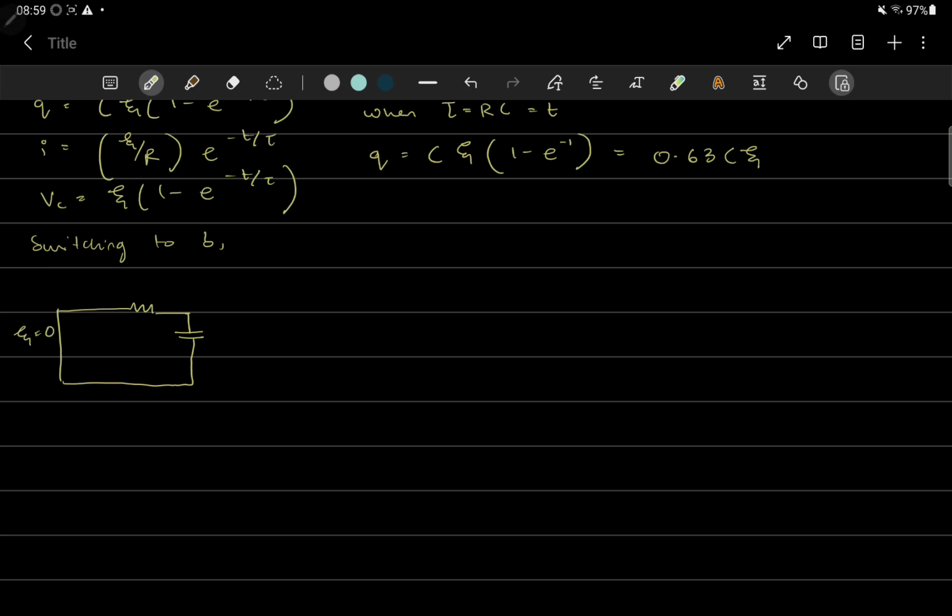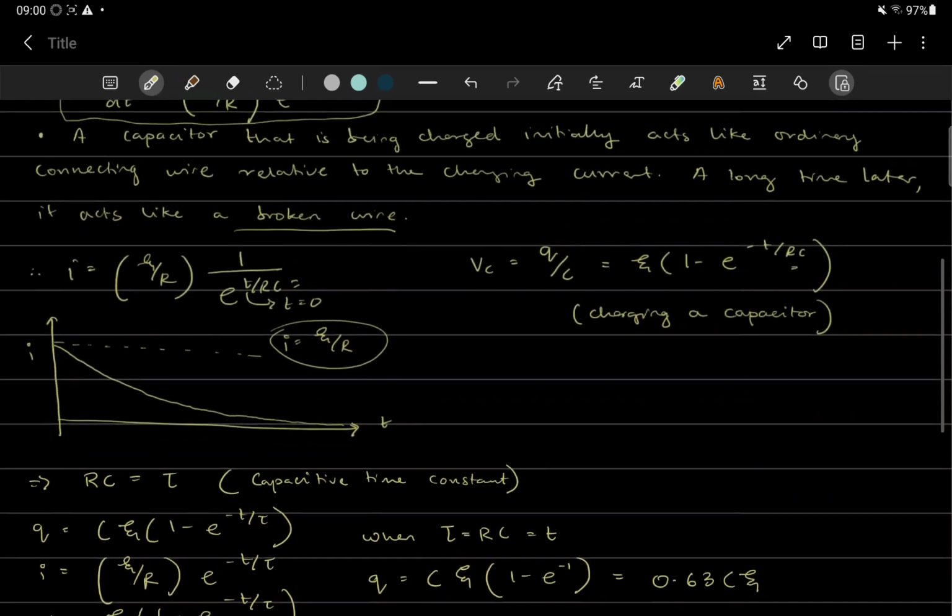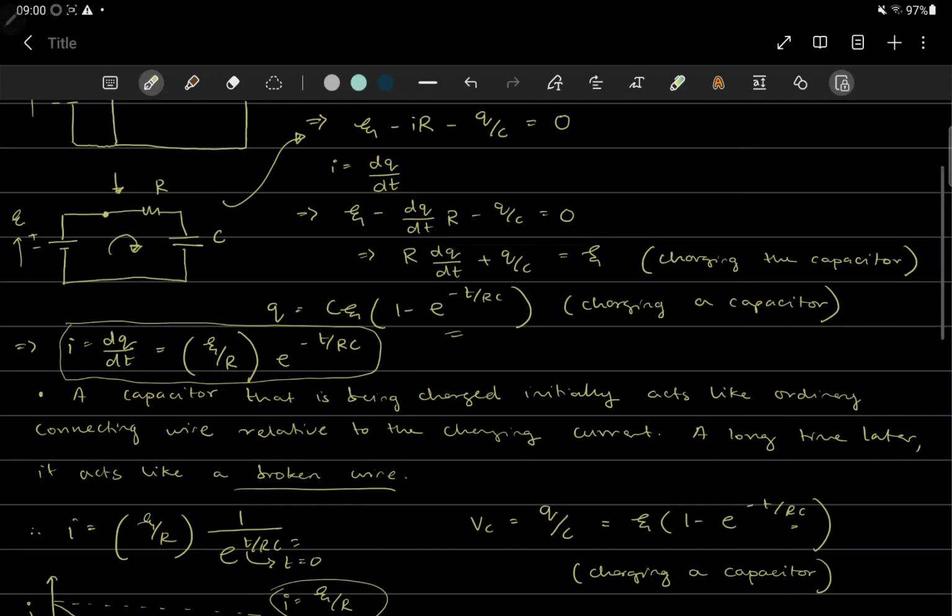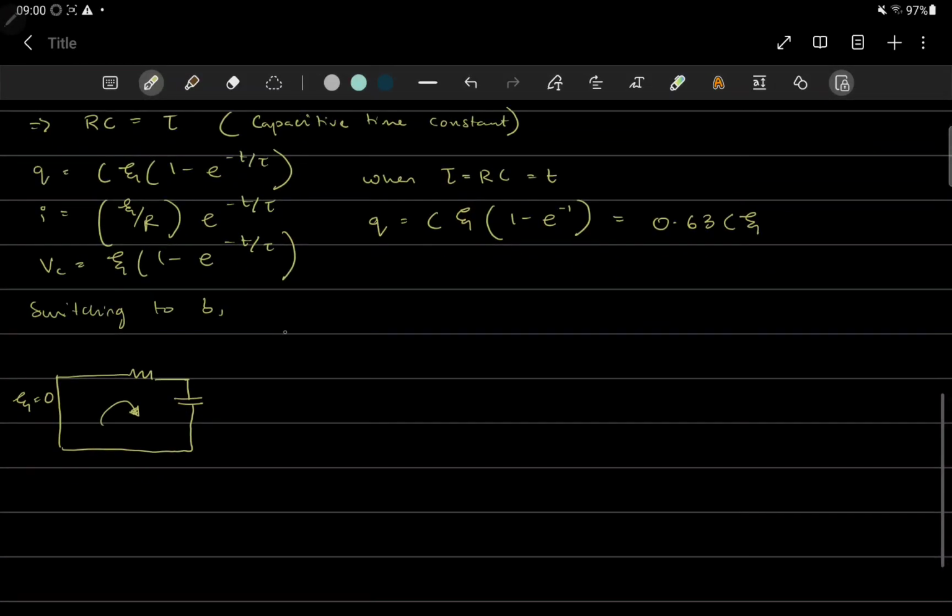Okay, so now we're going to do the same treatment as we did for the charging one, and we're going to consider a loop again in this direction, and we're going to plug in everything that we did so far for the current and all of that. And now since EMF is 0, this expression over here just boils down to R dq by dt plus q by C equals 0.